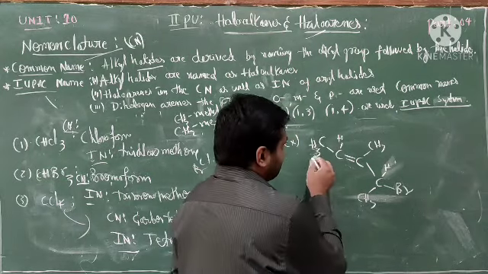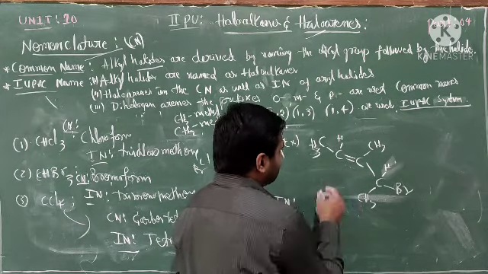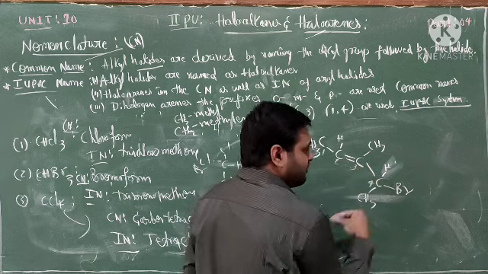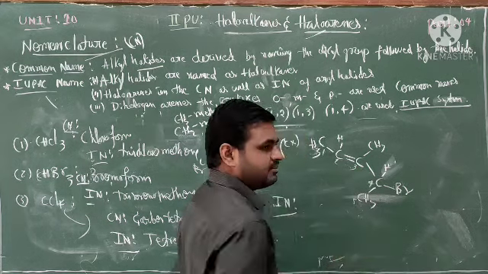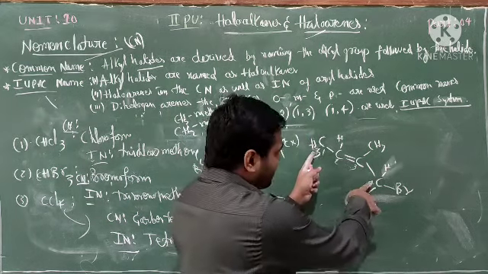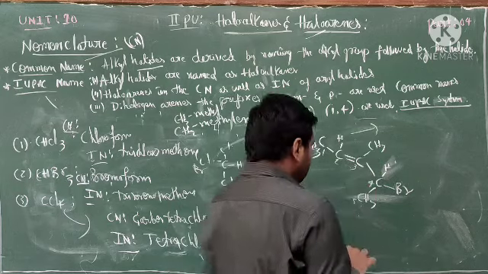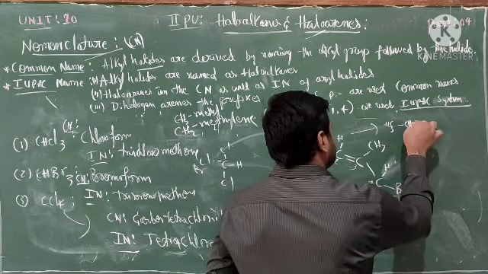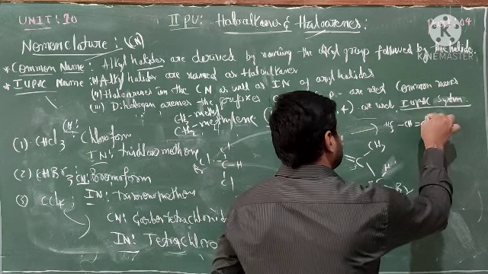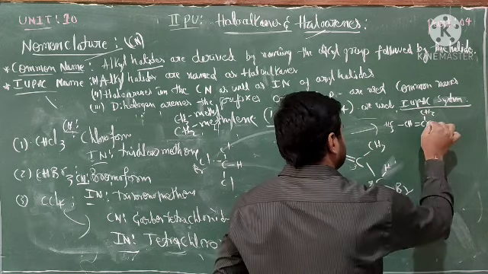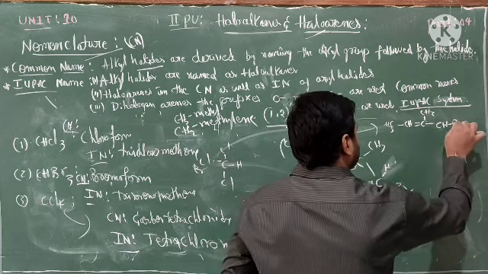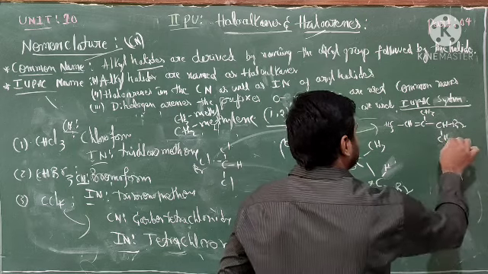So just see here, this will be given 1, 2, 3, 4 and also 5, because the longest carbon chain looks like CH3, CH double bond C, CH3, single bond, CH, Br and CH3.